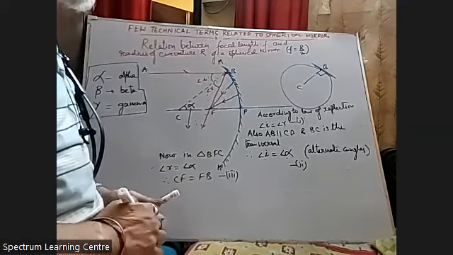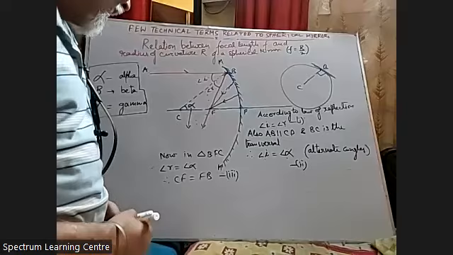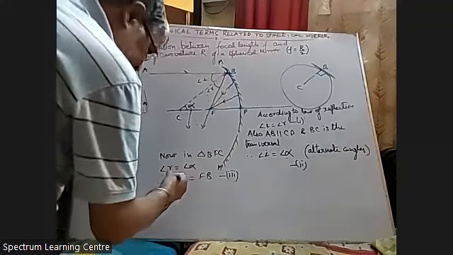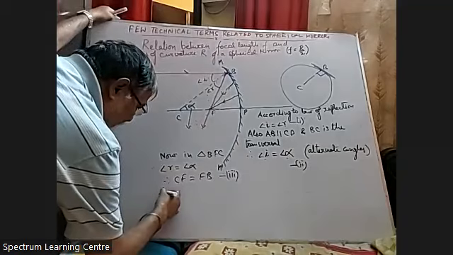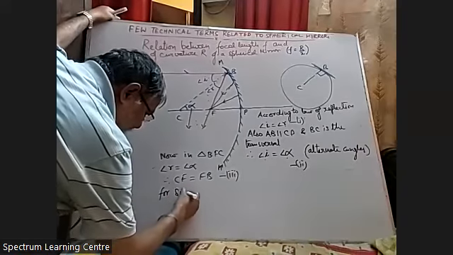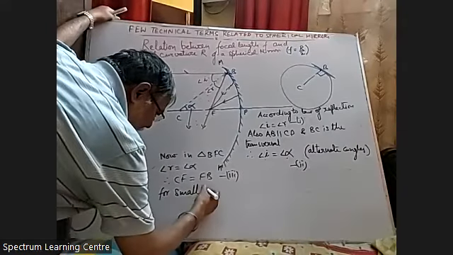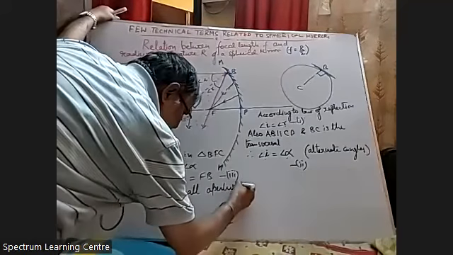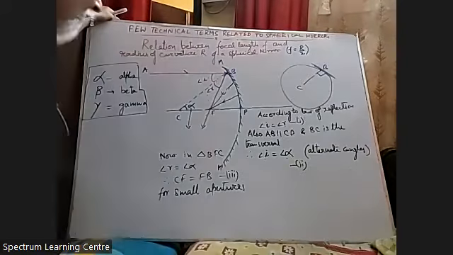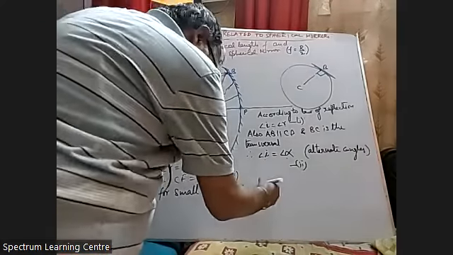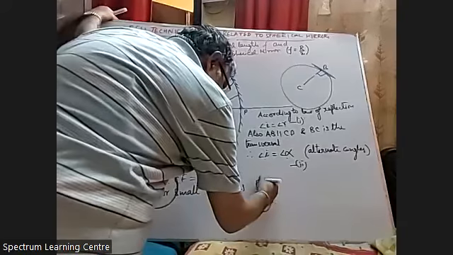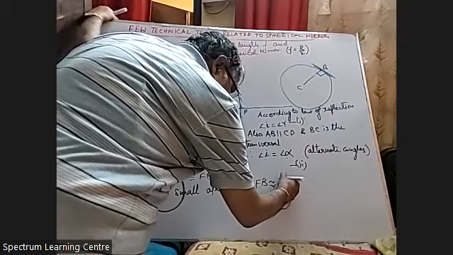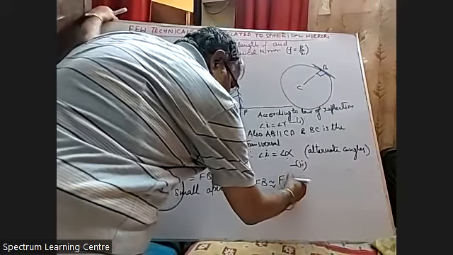So that is why we can assume one thing. It's an assumption, right? For small apertures, FB is almost equal to FP.